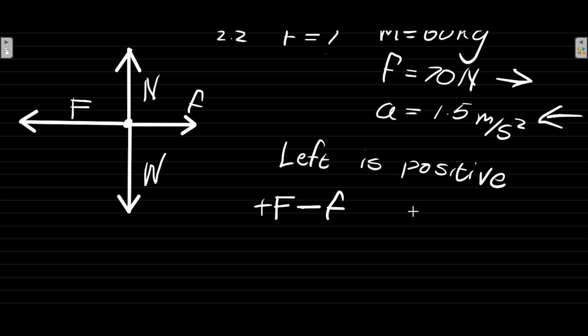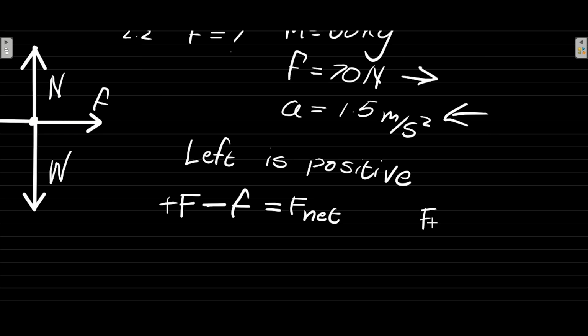So we're subtracting our frictional force, and this will equal to our F net. Now if you don't know by now, F net, your net force, is equal to the mass of the object and the acceleration of the object. So the acceleration was given to us, our frictional force was given to us as 70 newtons.